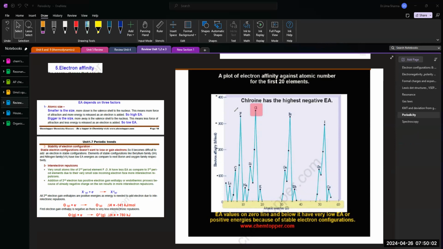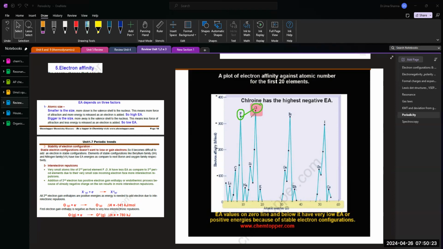So explain why fluorine has lesser electron affinity than chlorine. Explain. Reason? Fluorine is very small.